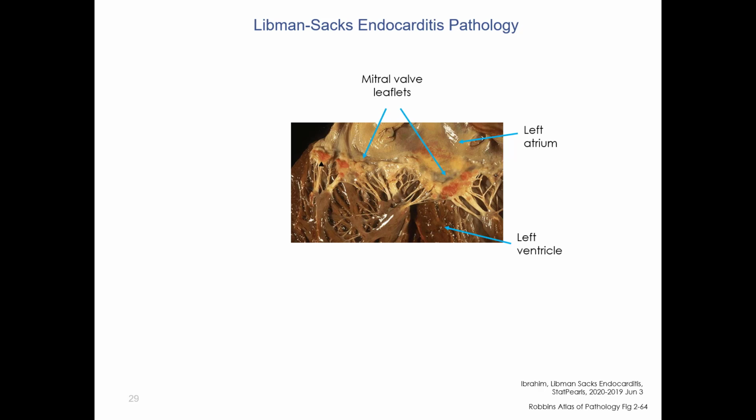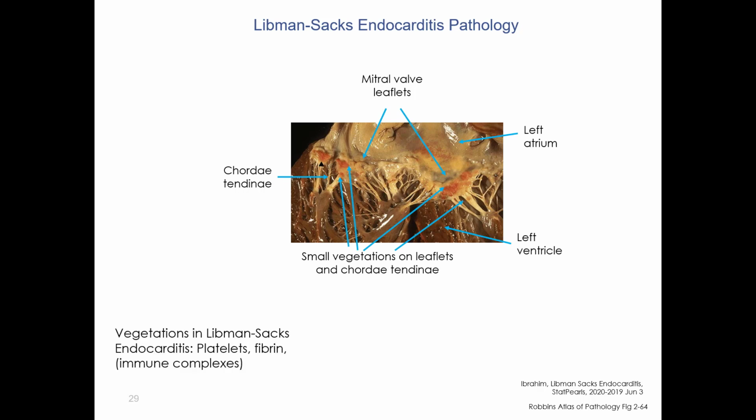Here are the mitral valve leaflets. I've marked one chordae tendineae right here. The pathology, of course, are the multiple small vegetations present on the leaflets and the chordae tendineae. The vegetations in Libman-Sacks endocarditis are composed of platelets and fibrin and immune complexes. I've put the immune complexes in parentheses because you can't really see that in a microscope when you're looking at a specimen.